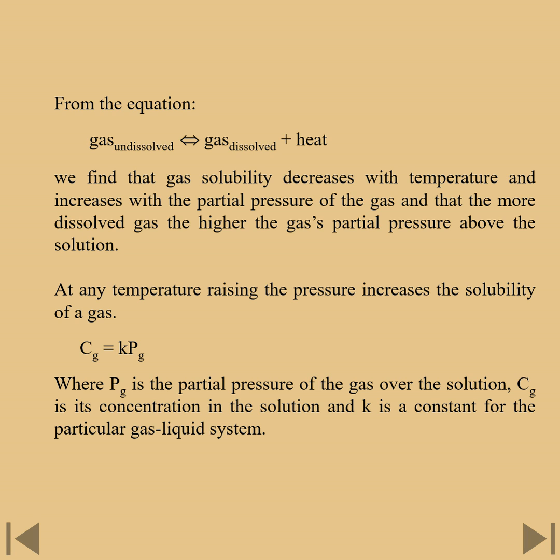And this actually gives us the equation that the concentration of the gas is equal to a constant times the partial pressure of that gas. And we can see from this equation that the concentration of the gas that's dissolved is directly proportional to the partial pressure of the external gas above it. So if you were to double the partial pressure above it, you would double the amount that dissolves.